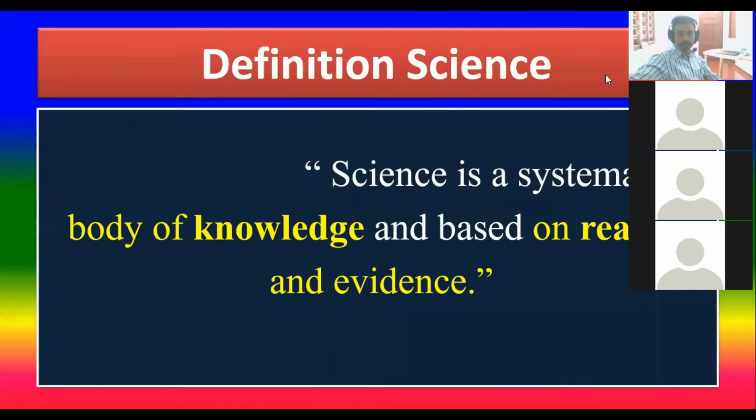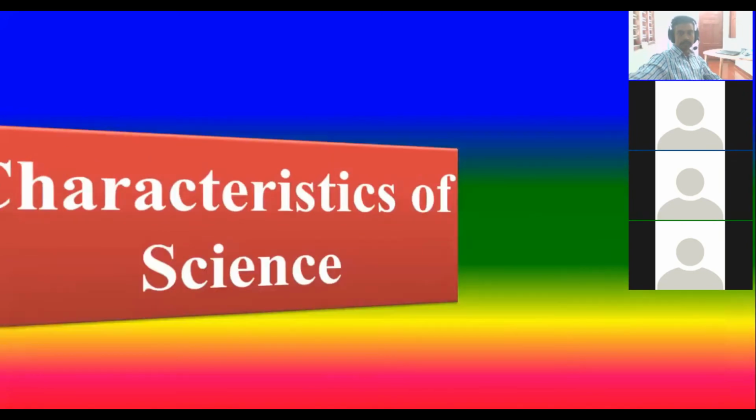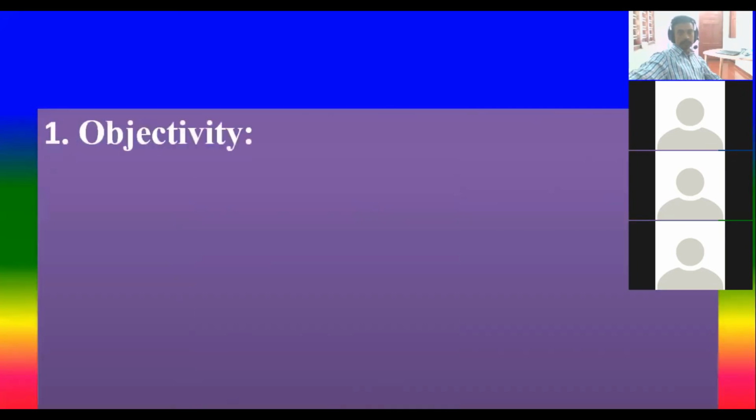Then the definition of science: a body of knowledge based on reason and evidence. Characteristics of science. First character, objectivity, which means a set objective, a general objective. Second one, verifiability.